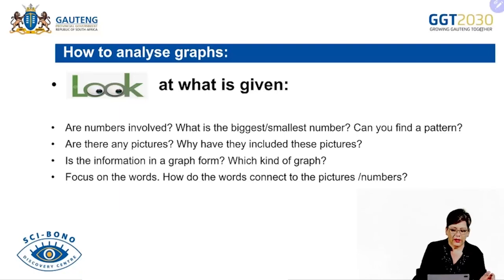How do the words connect with the pictures or the numbers? Is there a connection? Remember, we asked you previously, why have they included pictures? So they obviously have included pictures for a reason. There must be some kind of connection to the words. You need to find that connection.